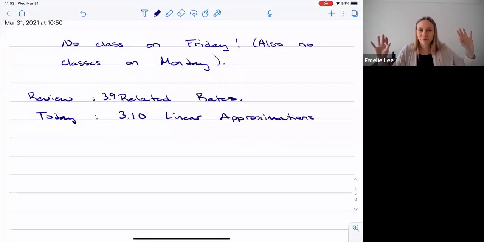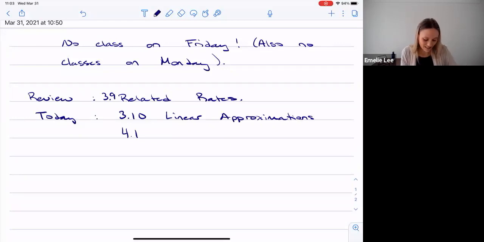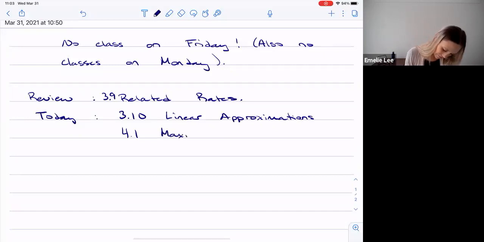So we're doing it. Something that I do understand the point of is 4.1, which is on maximum and minimum values.